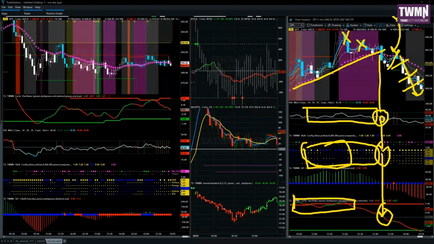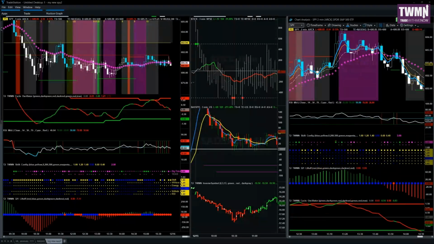If you just follow the simple rules... Some of you are just getting so entangled in all of the beautiful colors and ribbons and thoughts in your head and your own fears that you just completely refuse to paper trade, number one. And when you do paper trade, you don't do it with any kind of discipline or strict adherence to rules.